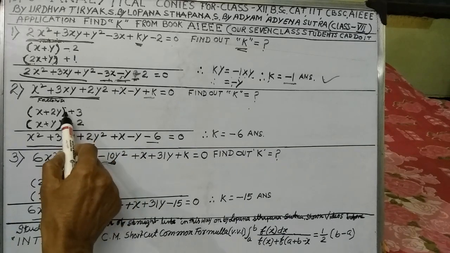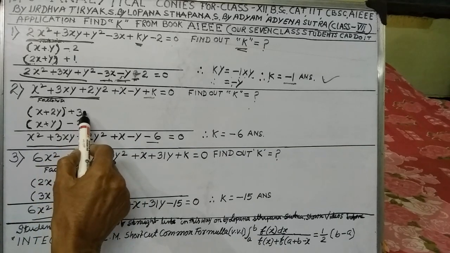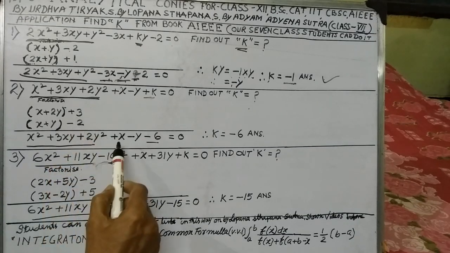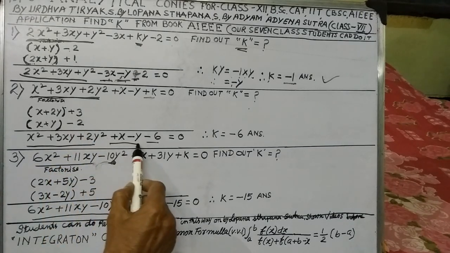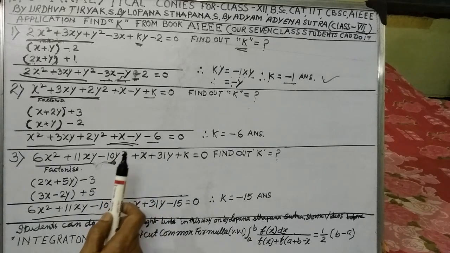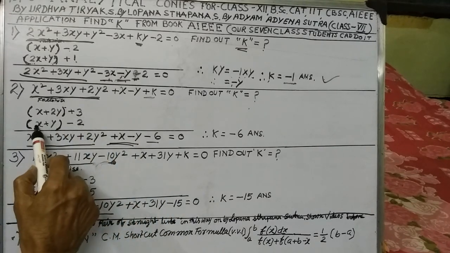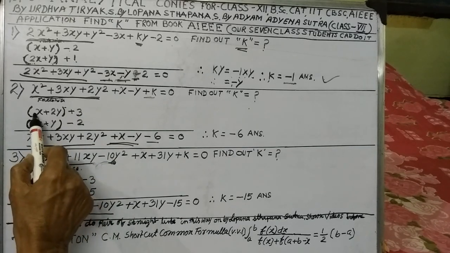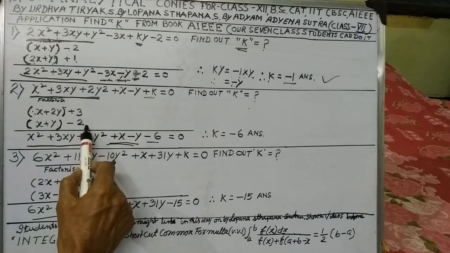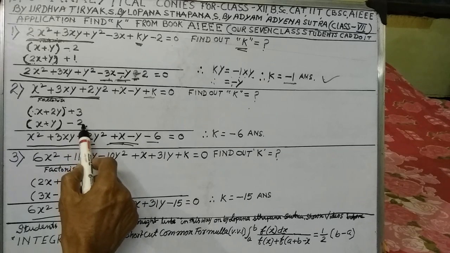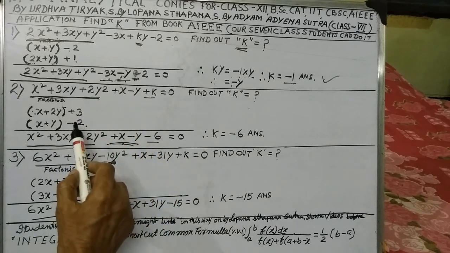Now Euler trial method: we take +3 and -2, and we have to correct up to at least 2. Here 3x plus 3x minus 2x is equal to plus x, so our 3 and 2 are correct.